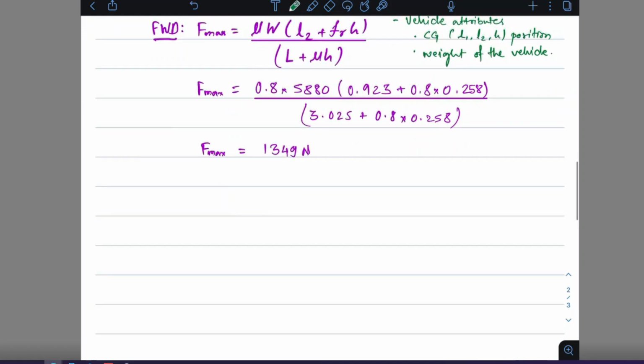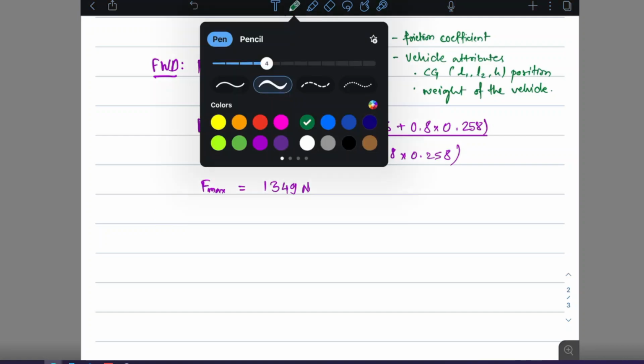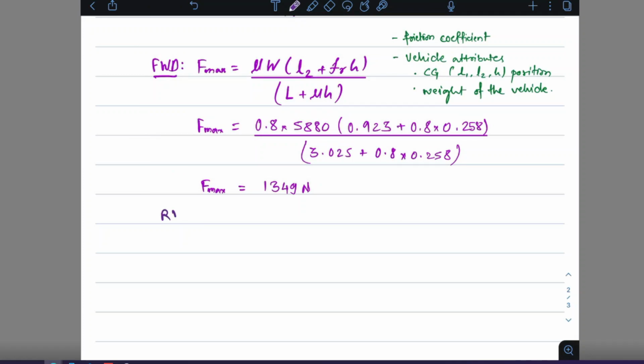So for this particular vehicle now, let's move on to the rear wheel drive.